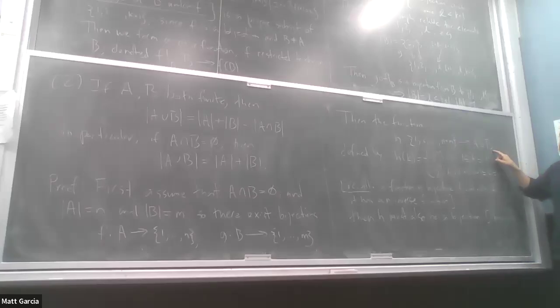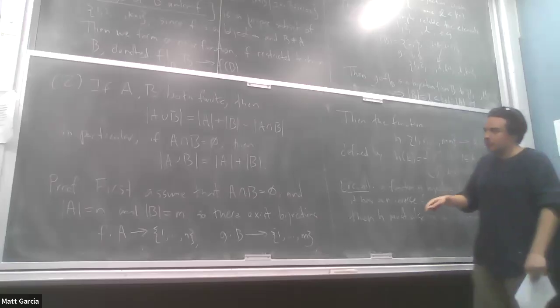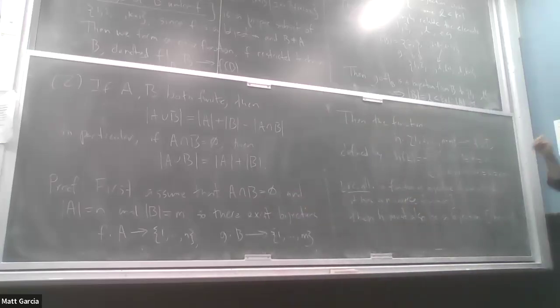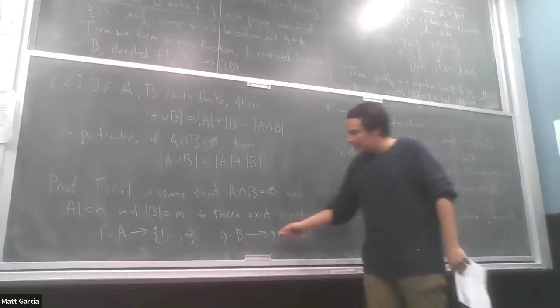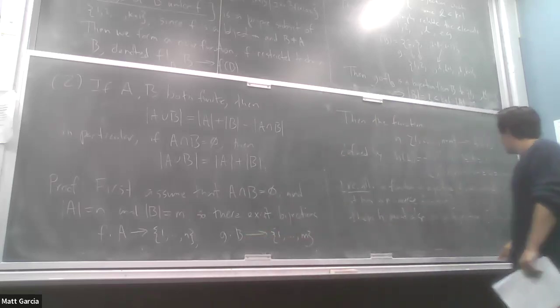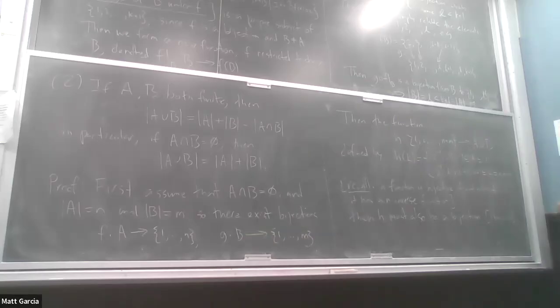As for any element of B, which cannot be an element of A also, right? Because we assumed first that A and B are disjoint, then, well, what I mean to say here is that every element of B I can associate to one of the natural numbers 1 through m.